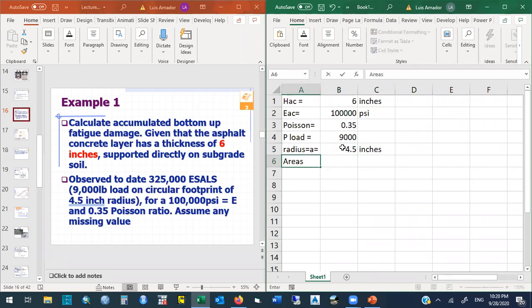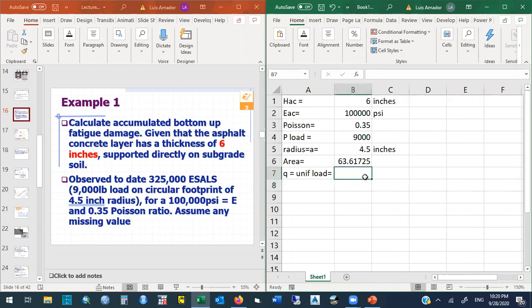The area of application is given by pi times that squared. And the Q, which is the uniform load, is going to be equal to 9,000 divided by the area, so that is pounds per square inch.